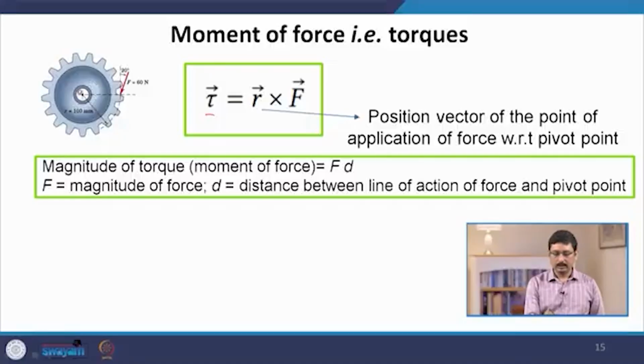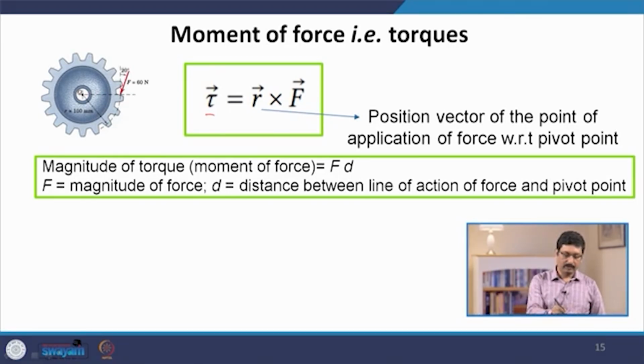So, that is why we need this quantity called torque or moment of the force. I will quickly define what torque is. The torque is defined by this relation. For example, consider this gear wheel.